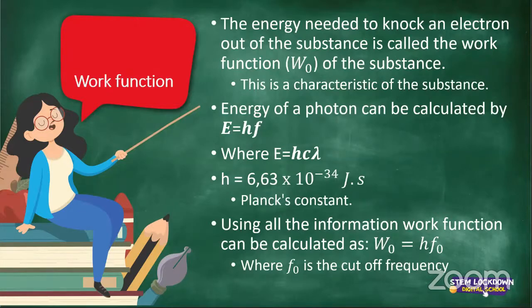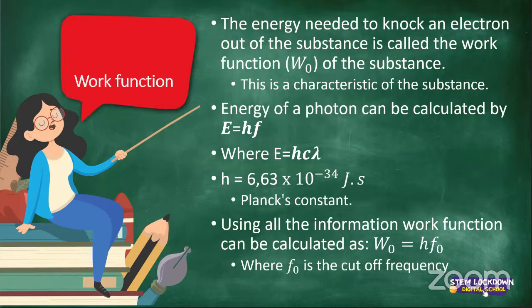And so what we then can derive from the fact that you have the work function is you have to have a specific frequency. And that frequency is called the cutoff frequency. And it is indicated using a little naught at the bottom of a frequency as well. So it's also a little subscript.